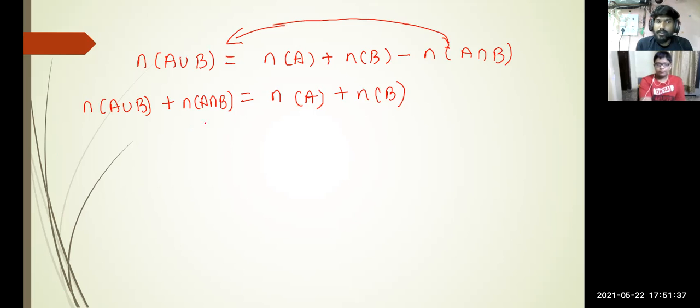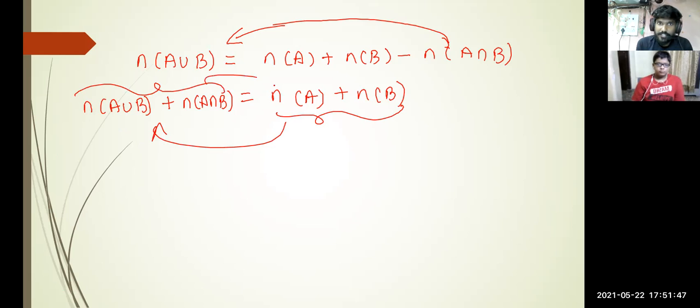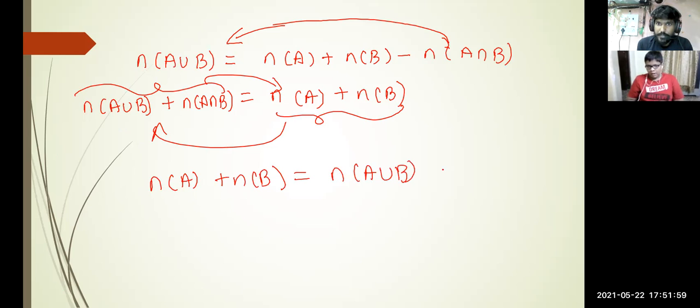Yes, sir. Now, what we'll do is just rearrange. You're not doing anything, you're just rearranging. So I will write this on this side, and this on the other side. So n(A) + n(B) is equal to n(A ∪ B) + n(A ∩ B).